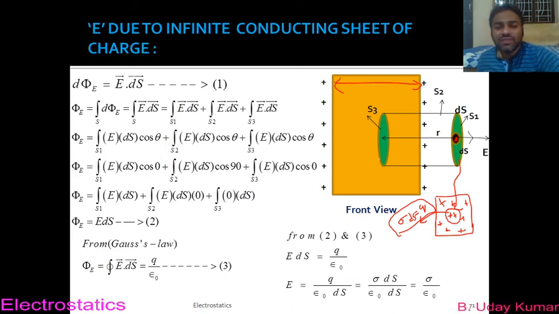If the height of the cylinder is very small, it means that R will be very small. If R is small, what does that mean? Point P is lying just outside the conductor. So if they ask you to find E at a point just outside the conductor, even to that question the answer will be the same one that we have written on this slide, so try to get it. So anyway, that's it.